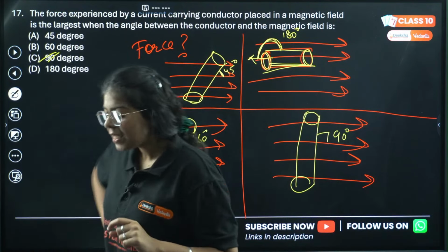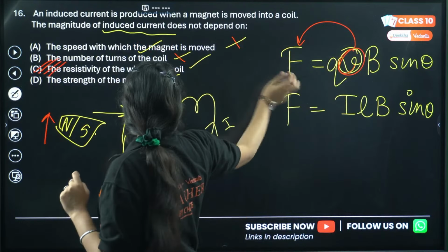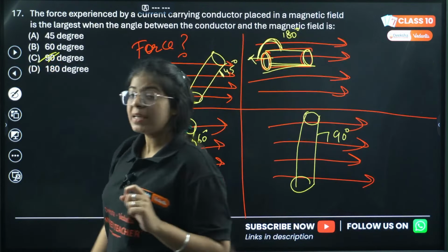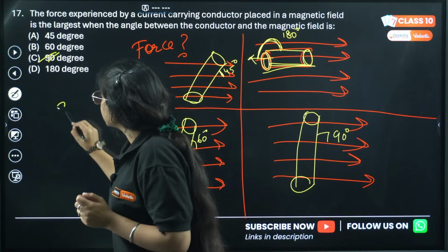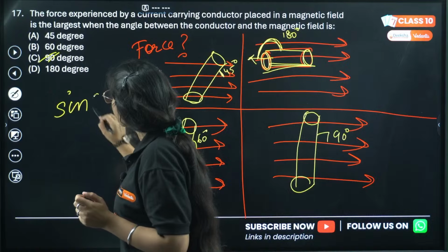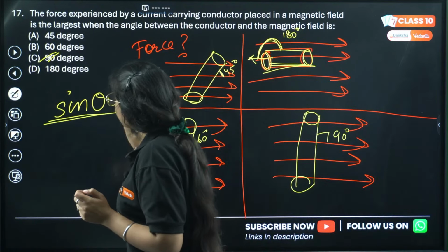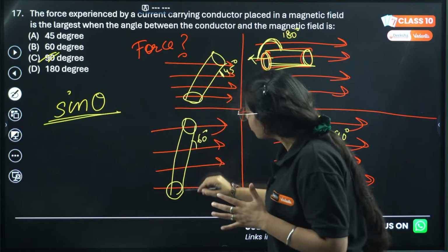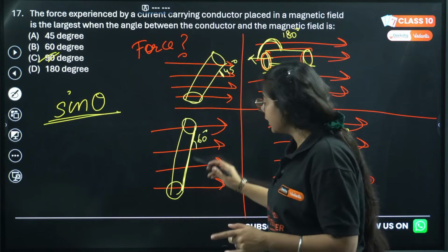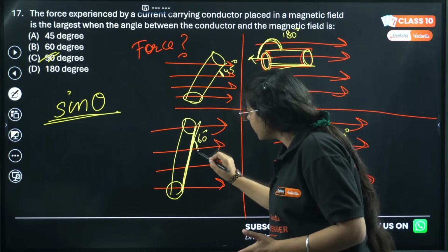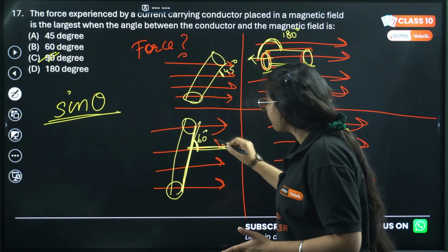It will be because of this formula we just saw, qvB sin theta or ILB sin theta. So basically we are finding force there and we are using sin theta. The length of the wire, or we can say the velocity, is making an angle of 60 degrees with my magnetic field.